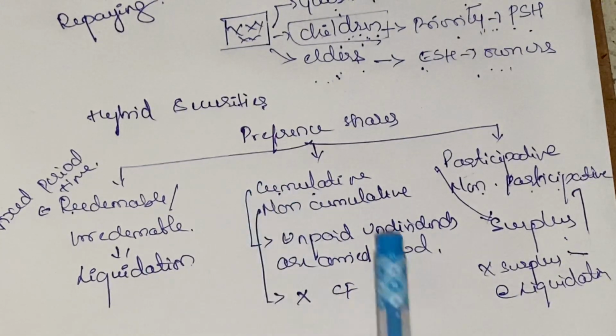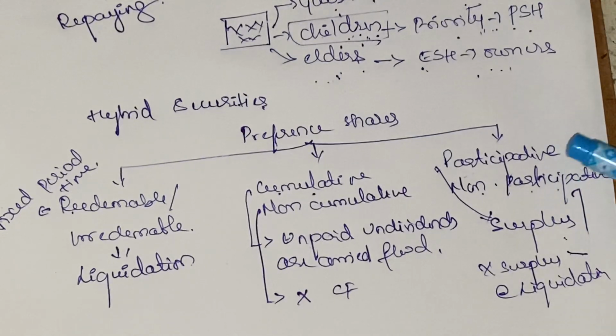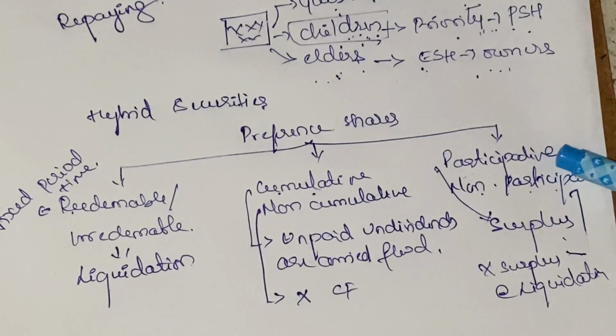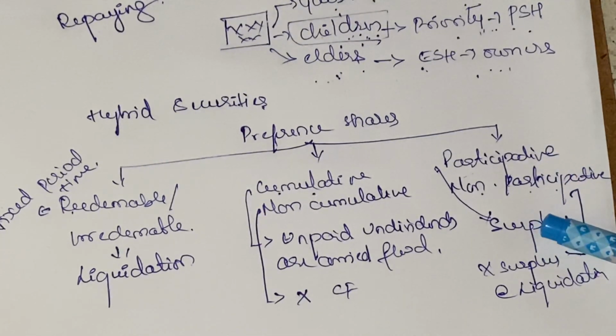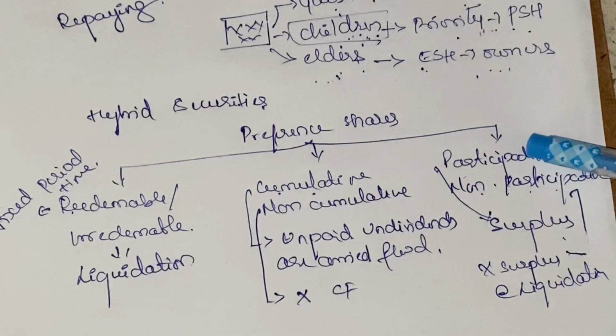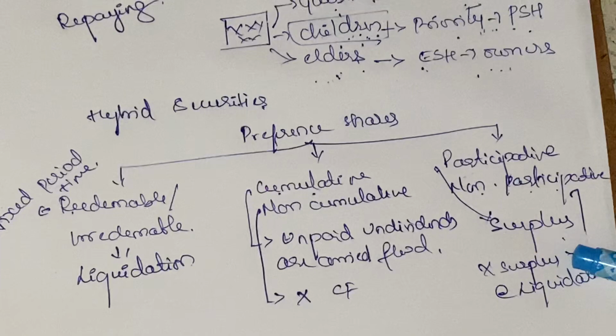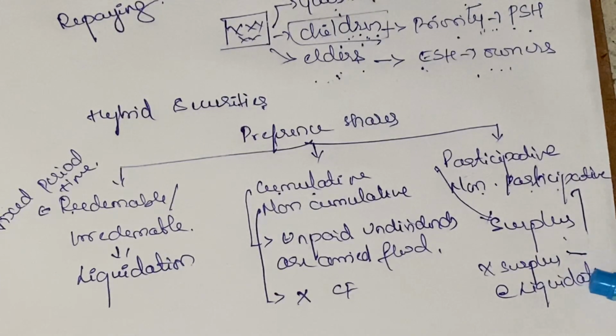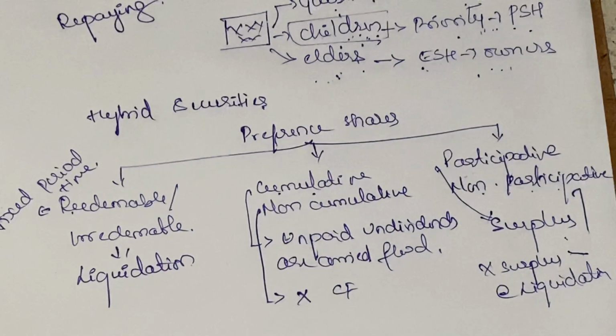Non-cumulative, the unpaid dividends are never carried forward. Participative, when the shareholders enjoy the share in the surplus at the time of liquidation, they are called as participative. When they don't share anything at the time of liquidation in the excess surplus, then they are called as non-participative.